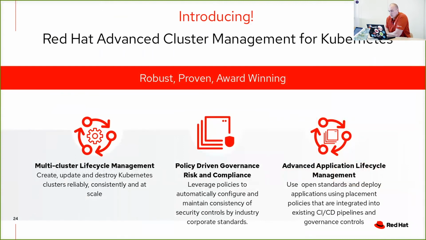The first announcement was about the new component called Red Hat Advanced Cluster Management for Kubernetes, which is basically a multi-cluster management solution for OpenShift, and in general also for Kubernetes environments that could be deployed either on-premise or in the cloud.